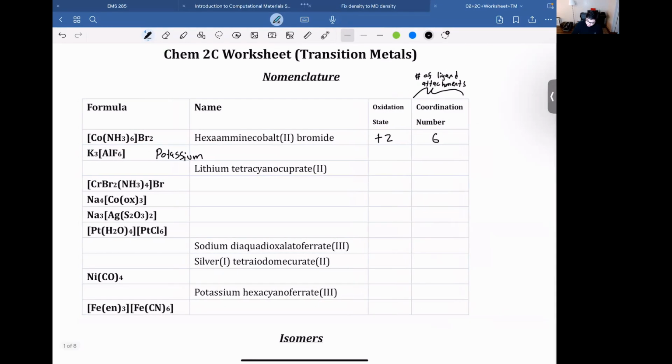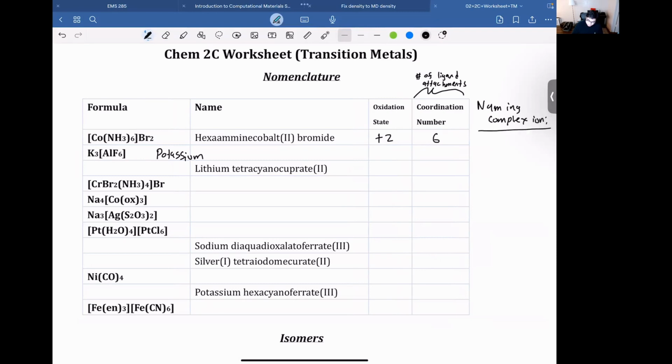So as a little list for how to name the complex ion, just the complex ion part. The first thing you do is you name the ligands that are attached in alphabetical order with their proper prefix.